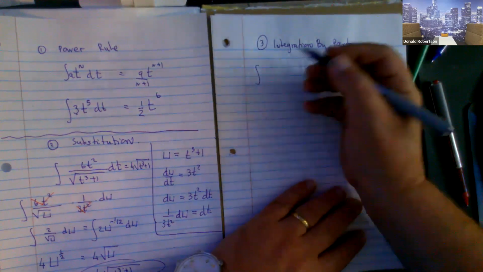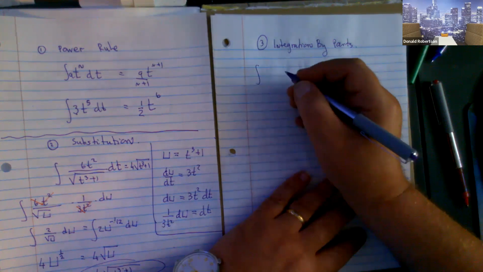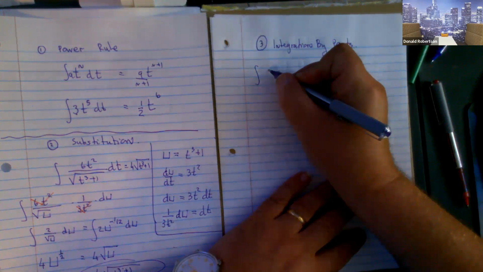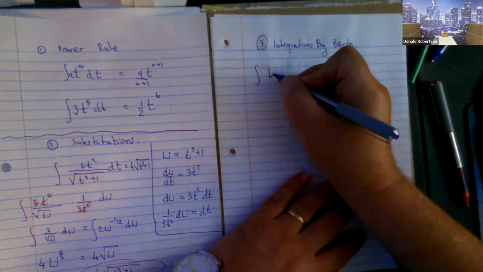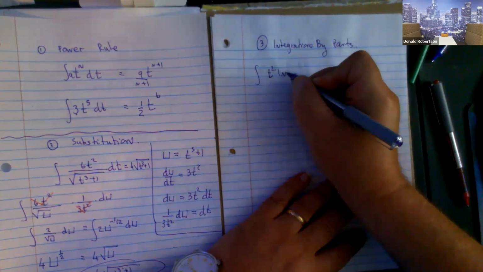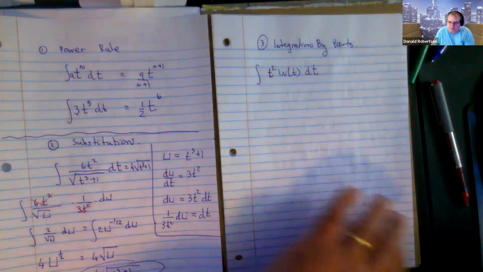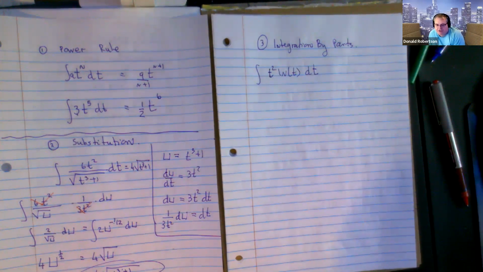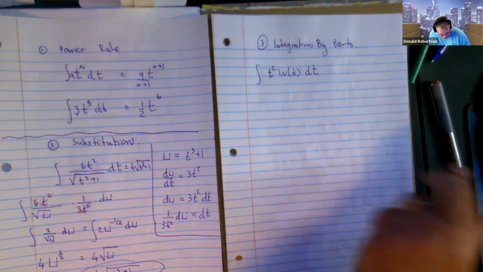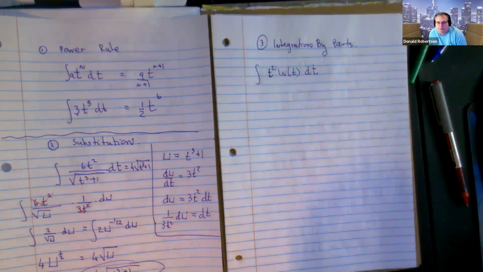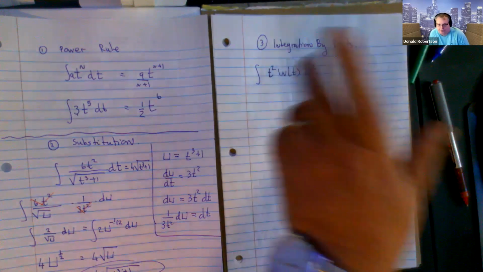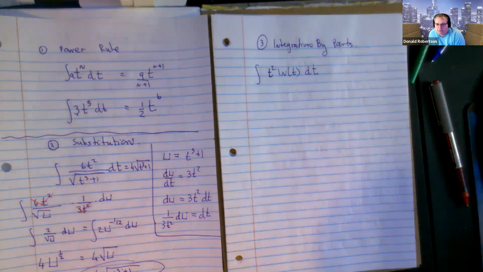If I wanted to, for instance, integrate t squared natural log of t, I can't use a power rule because it's not t squared on its own. There isn't going to be a guy in the table of integrals for somebody that looks like that. U sub will not help me.